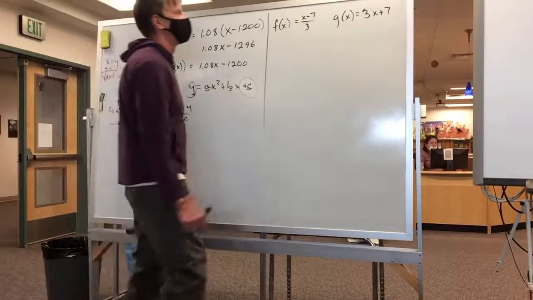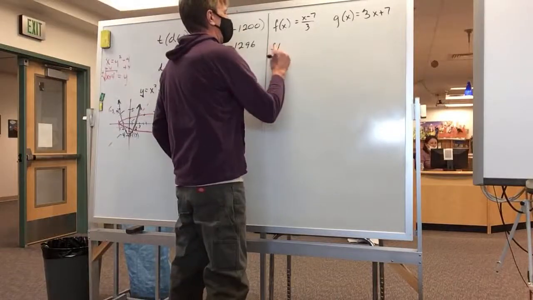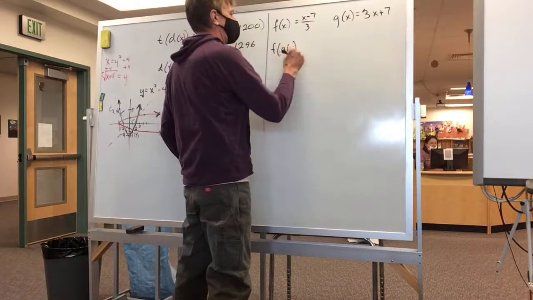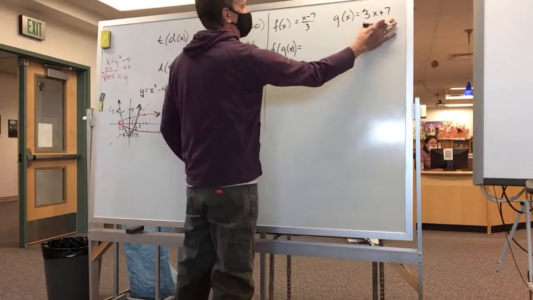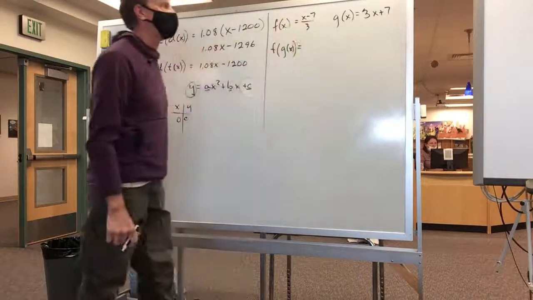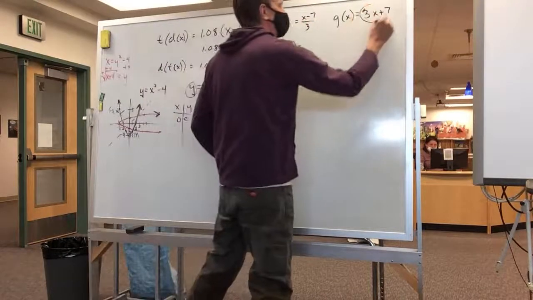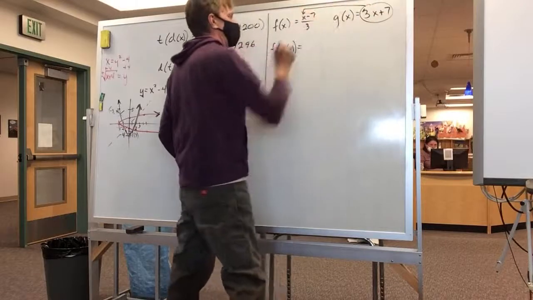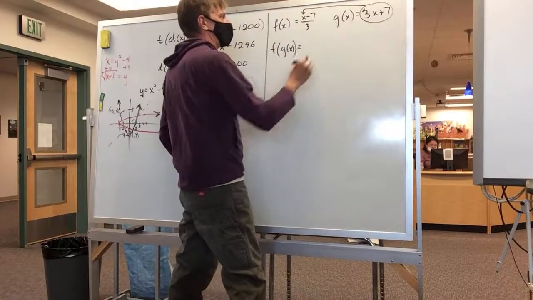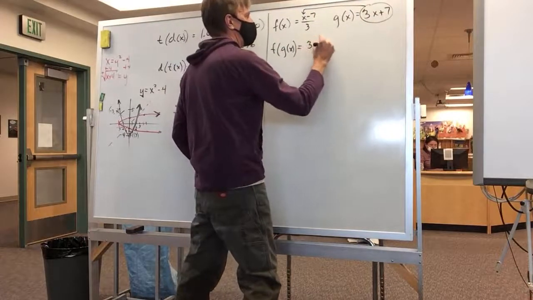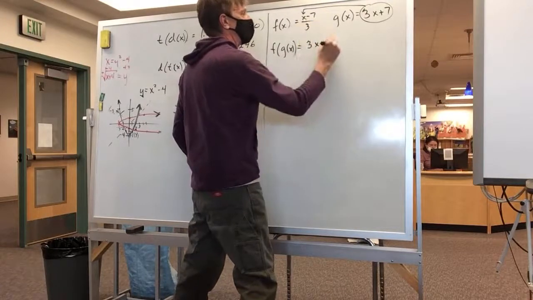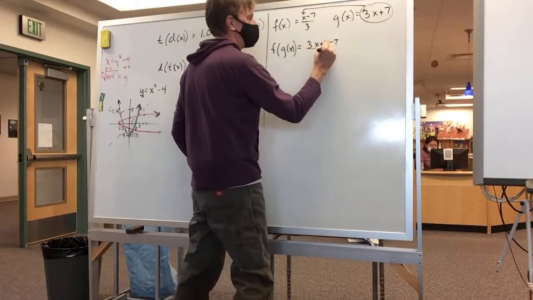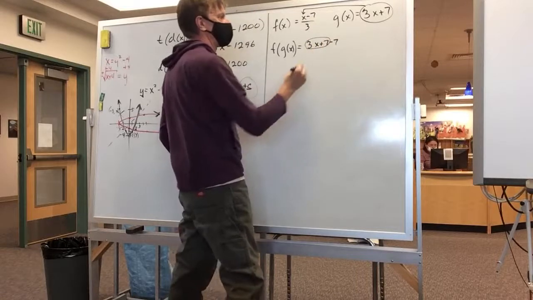So, finding f of g of x is taking this and putting it in the place of x. So this becomes that. And when we do that, we have 3x plus 7 minus 7. See, there's your g function.